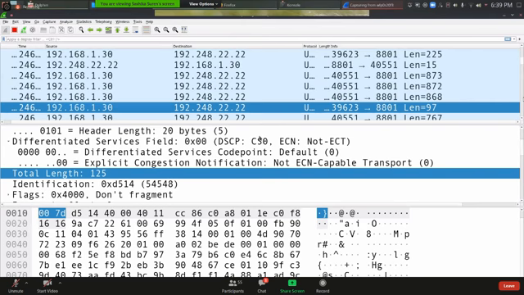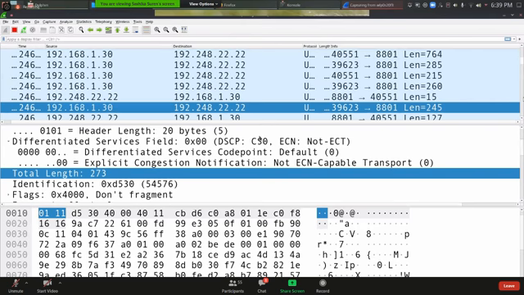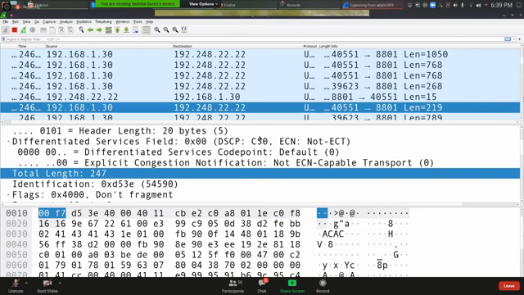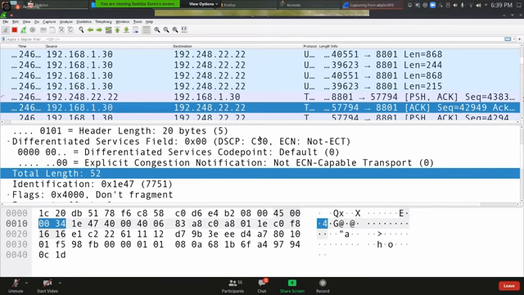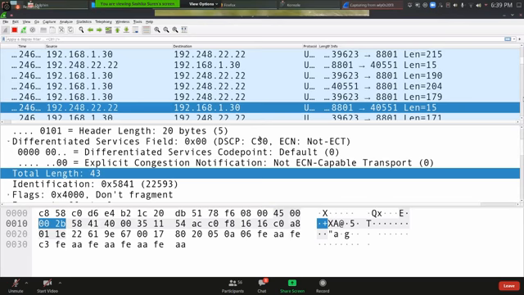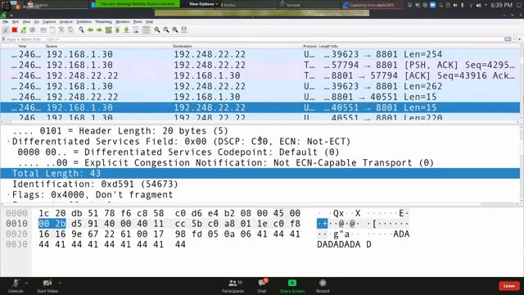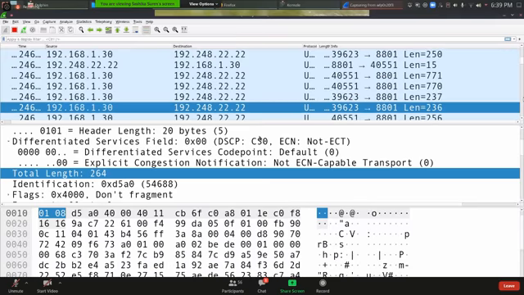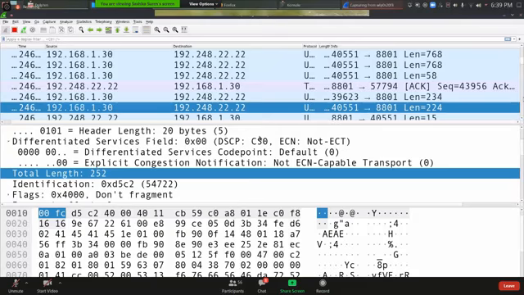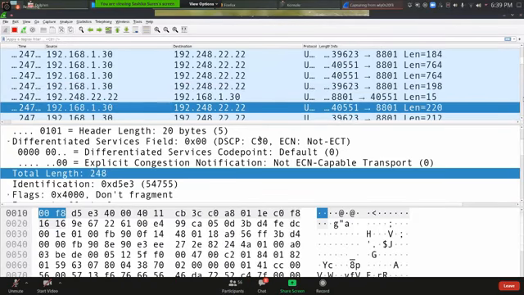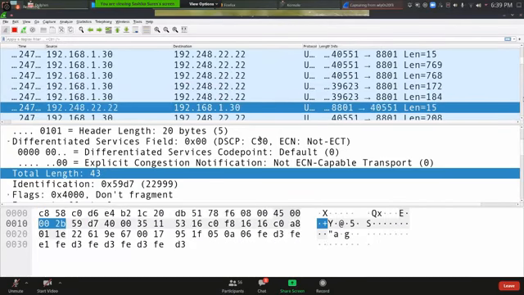So you can see in practical scenarios, none of the packets are exactly carrying 1500 bytes. Of course, that cannot be, in the practical scenario.